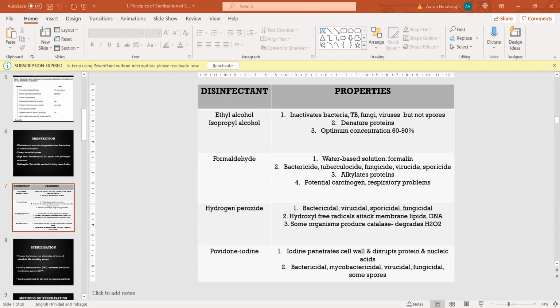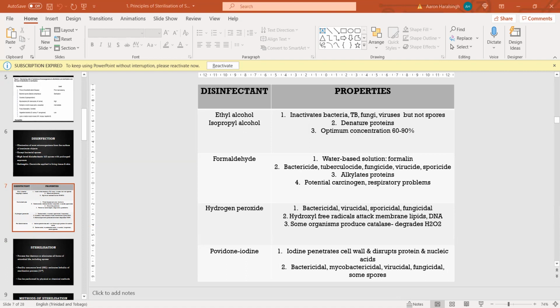And once it is complete, they're then removed and the strips are checked. Once the strips change color, then that is confirmation that sterilization has taken place. Yeah.